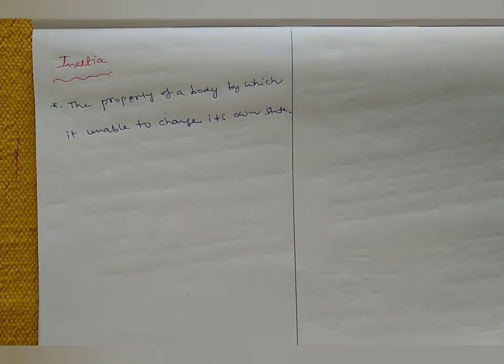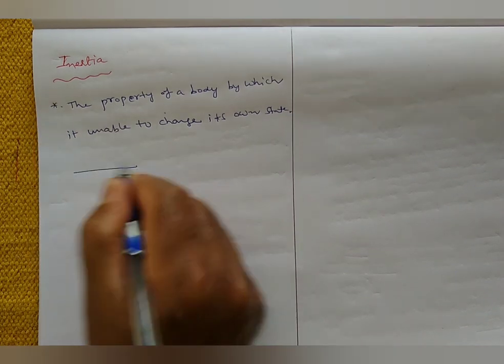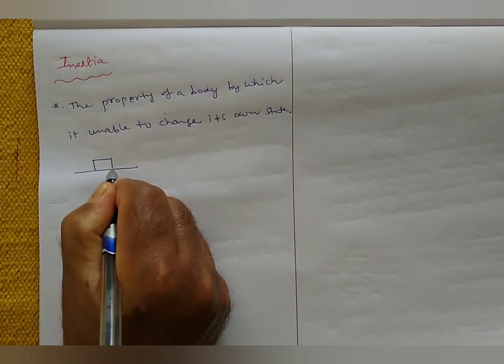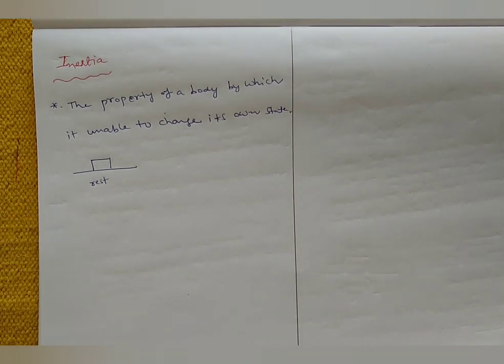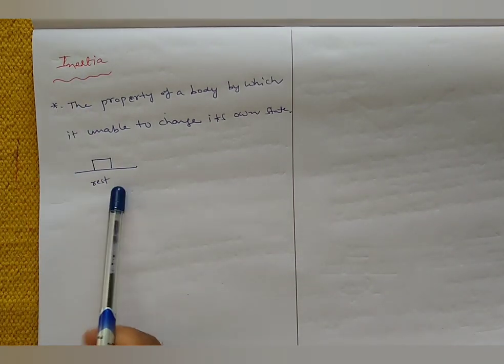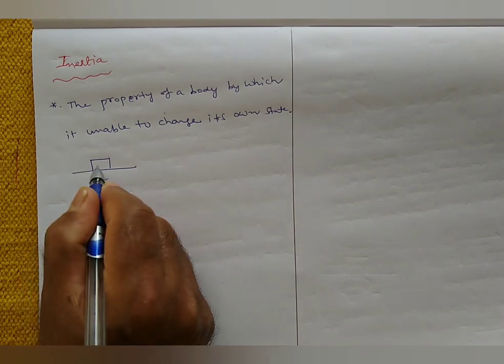That means the natural tendency of the object to oppose change in its state. So here, suppose the body is at rest. Take one example, the body is at rest. Now what is the property of this body? See here, this is the body.